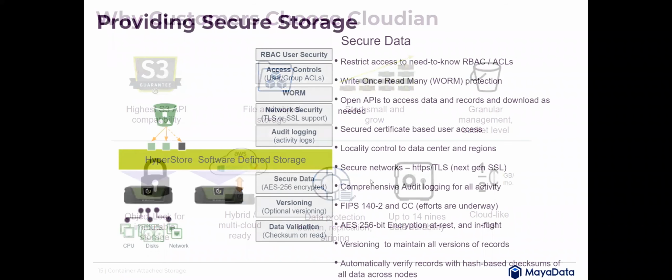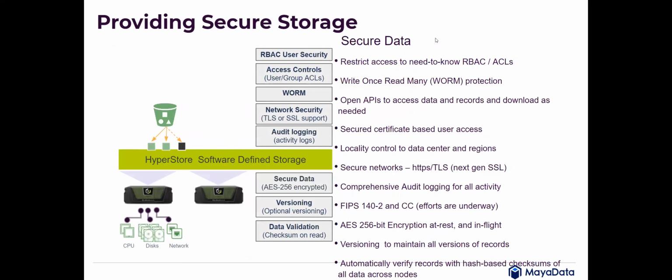Talking about security, one of the things I want to highlight is that security is not just the ability to do access controls. Whenever you're talking about modern cloud native distributed applications, you're talking about distributed access. So you need to have access controls. You need to have IAM integration so that you can integrate into different authentication mechanisms, as well as federated access if it's needed for your applications to access that particular data, ensuring that the right application and the right user is accessing that data.